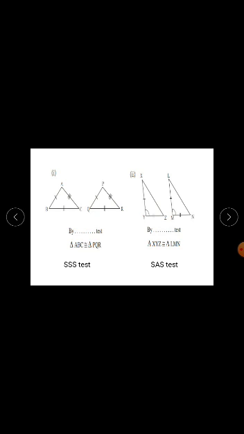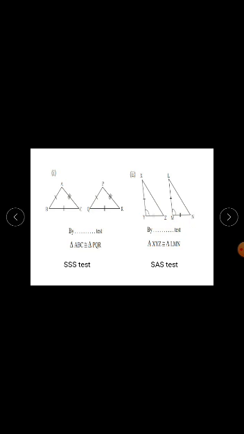Now the second figure, triangle XYZ and triangle LMN. Again one identical line, so side XY is congruent to side LM. Now this symbol means angle Y is congruent to angle M. And two identical lines means side YZ is congruent to side MN.